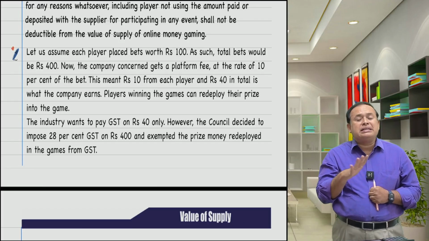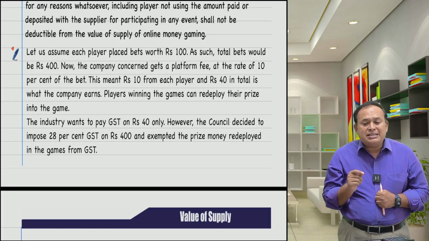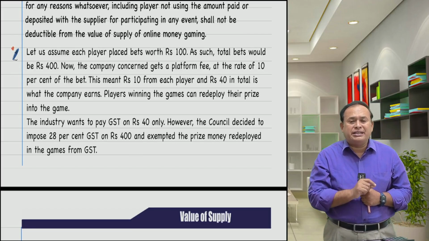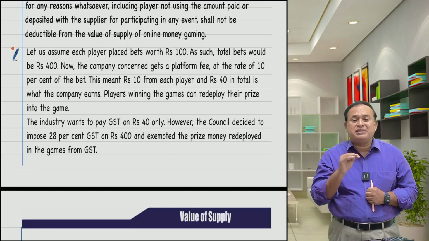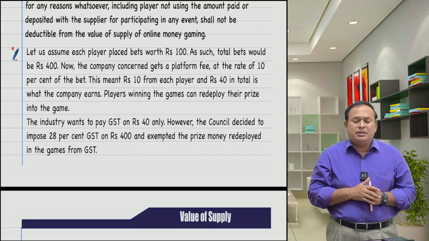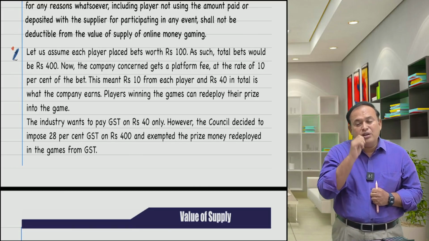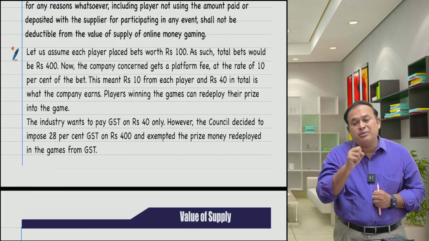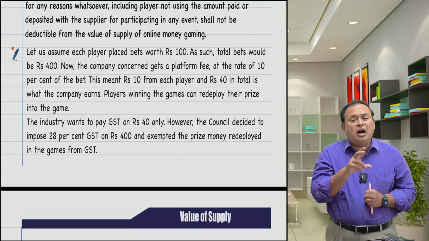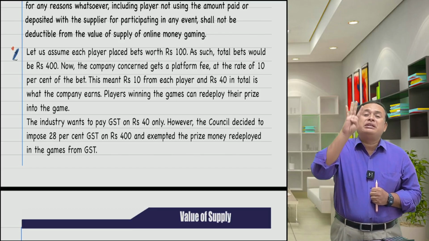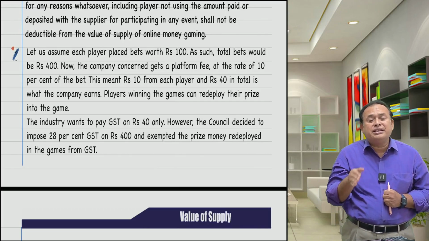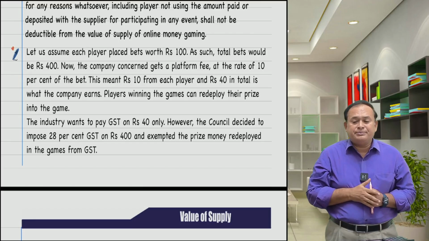Now the company concerned gets a platform fee at the rate of 10% on 400, namely 40 rupees, as consideration for the casino conductor. But here, the value considered is not 40 rupees in the hands of the casino or online money gaming operator. It is the bet amount, rupees 400. On 400 rupees, GST at 28% is payable.